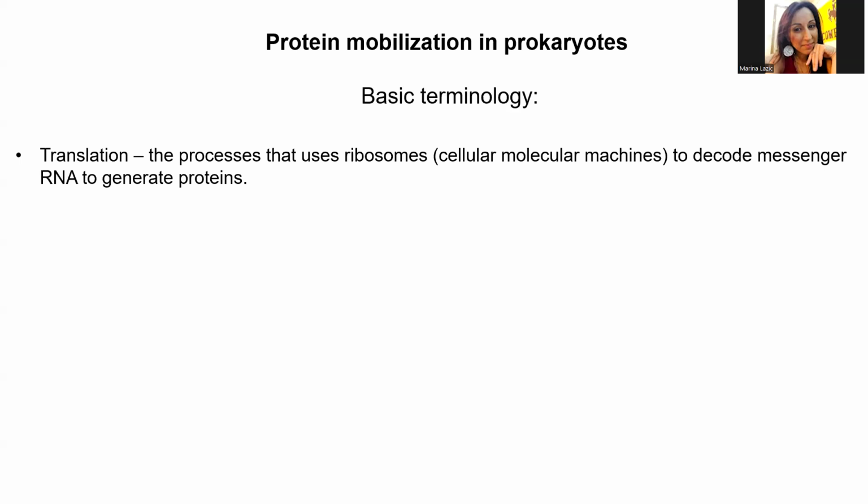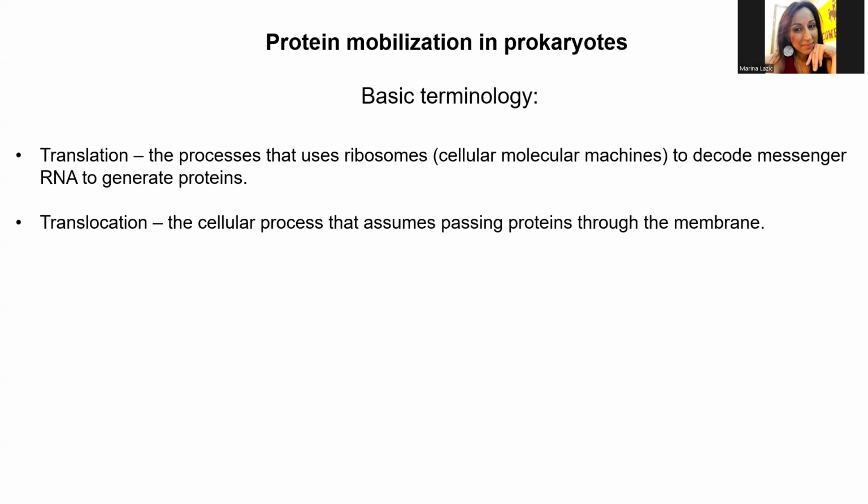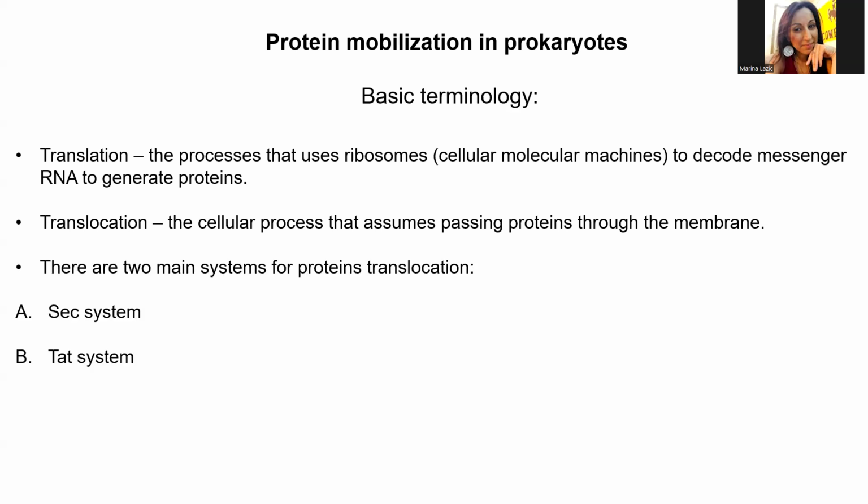Translocation comes after translation, even though they're very similar in pronunciation. Translocation means the cellular process of driving a protein across the membrane from cytoplasm to periplasm or from periplasm to outside of the cell, depending on where the function is performed. And there are two translocation systems.